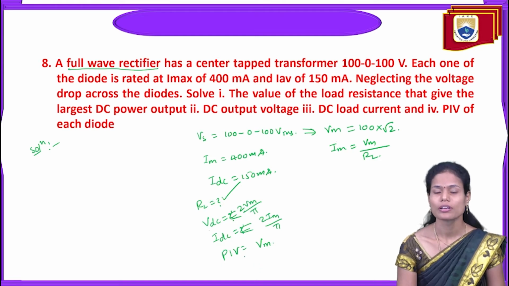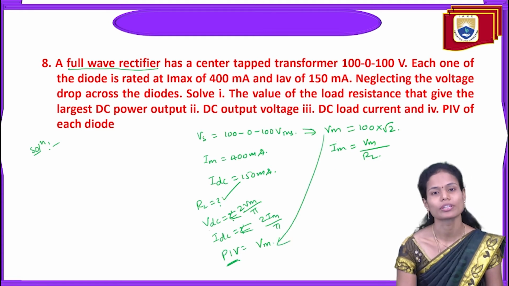During the positive half cycle, one diode is in conduction mode; during the negative half cycle, the other diode is in conduction mode. So at a time only one diode is conducting, and the maximum value across that diode is the peak inverse voltage. In this way we need to calculate this type of problems.